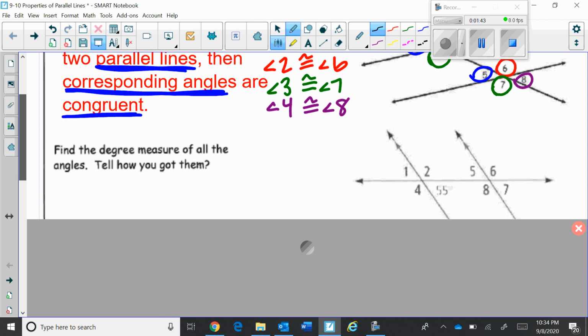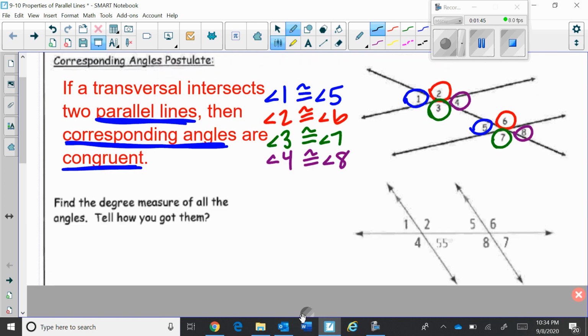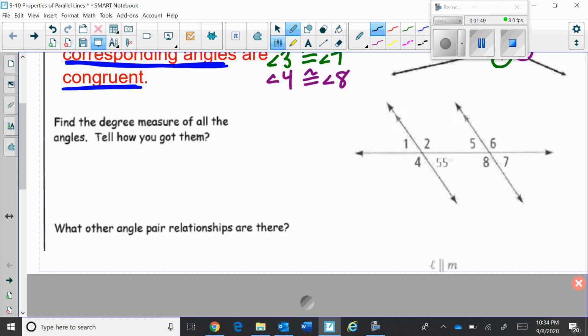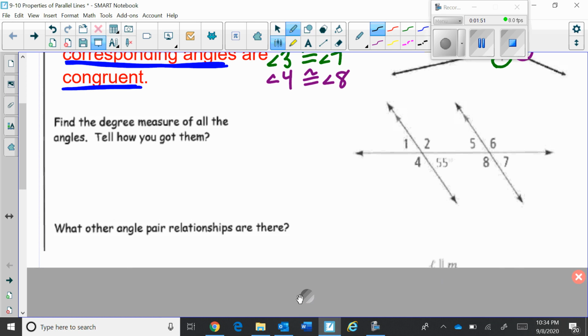So based off of that information, we are tasked with finding the measures of all of these angles in this photo right here, just based off of what we know is true. As you can see right here, we've got our 55 degrees, and we've got to figure out all the rest of them.